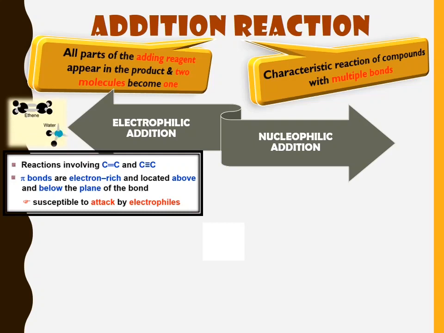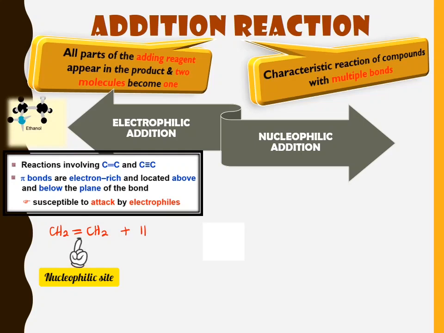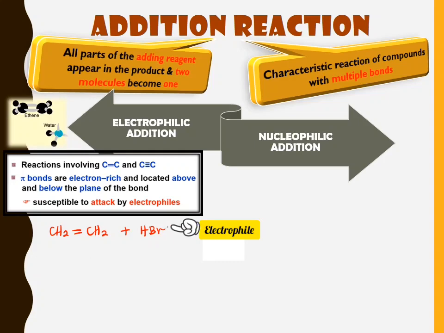So I will show you the example of the reaction. For example, we have ethene, CH2 double bond CH2, reacting with HBr. So we are going to add HBr to the ethene molecule. What happened here? The double bond will break and form a single bond.